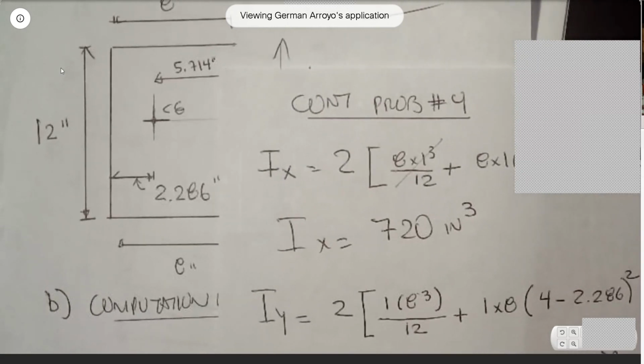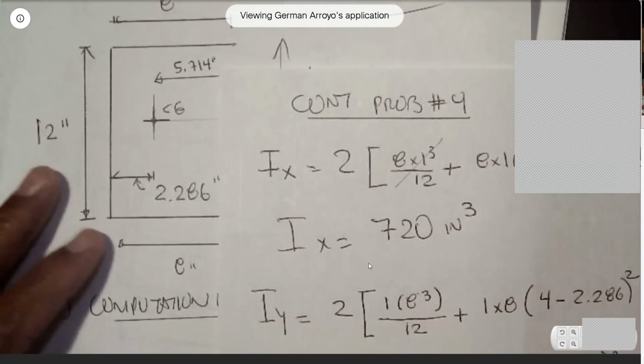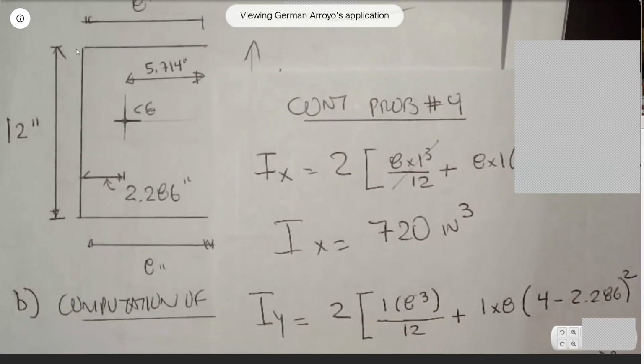If you look here at the bottom of the screen, Iy is going to be the moment of inertia about its own central axis. So it's going to be 1 times A. This is a large moment. I'm going to find the moment of inertia of this about its own y-axis, and after that I'm going to do the area times distance squared.